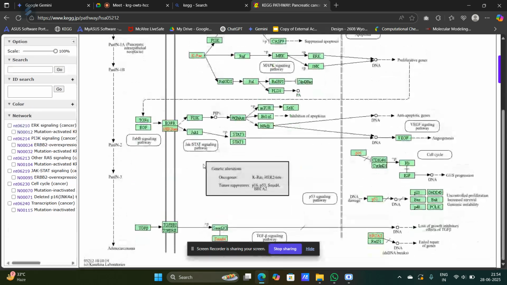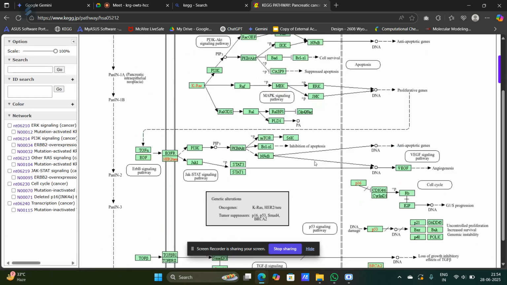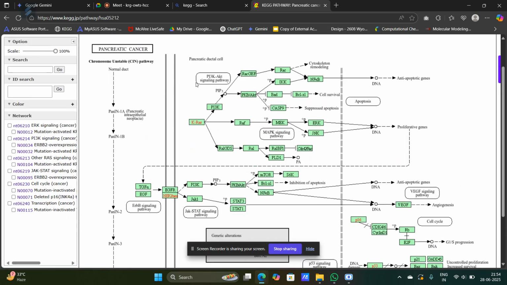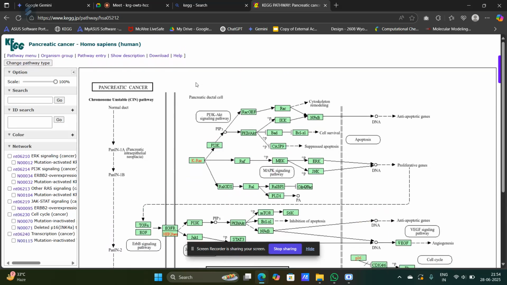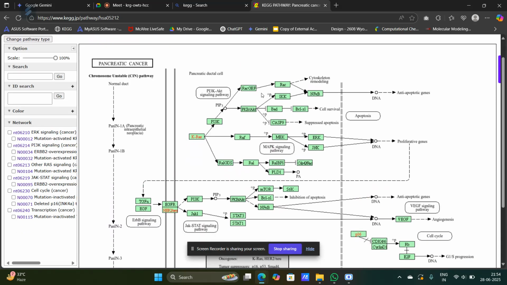Are you guys able to understand? Okay. So one homework for you guys is, you can see, in this pathway there are a few cells which are in green color.